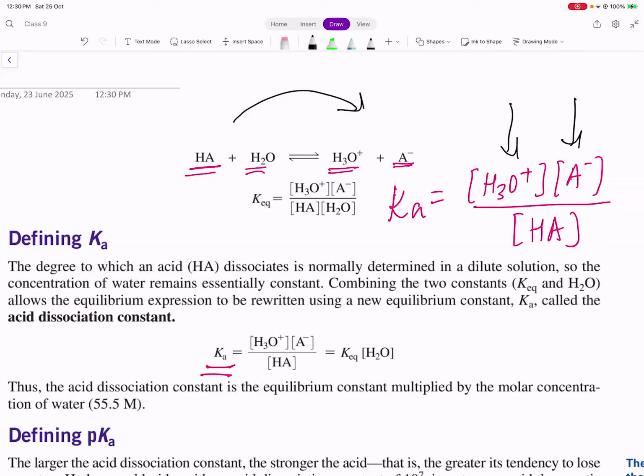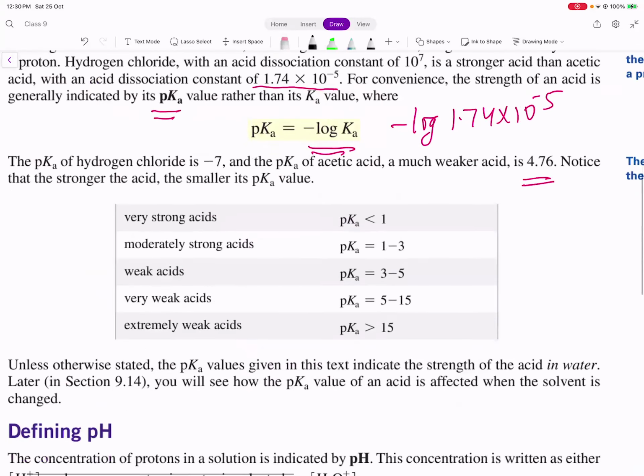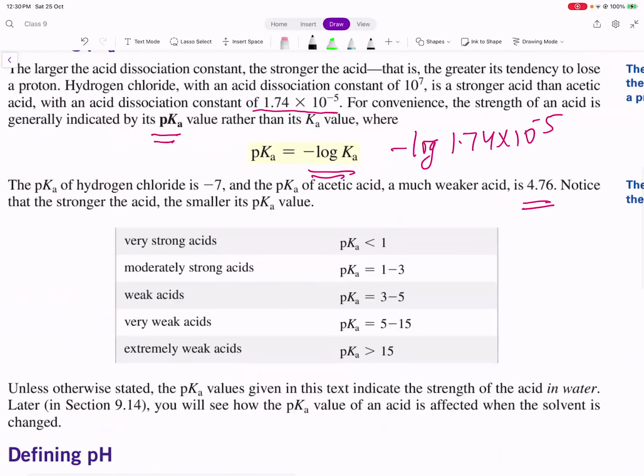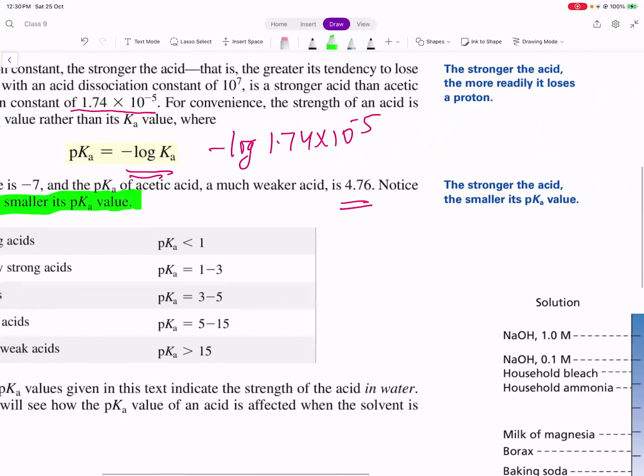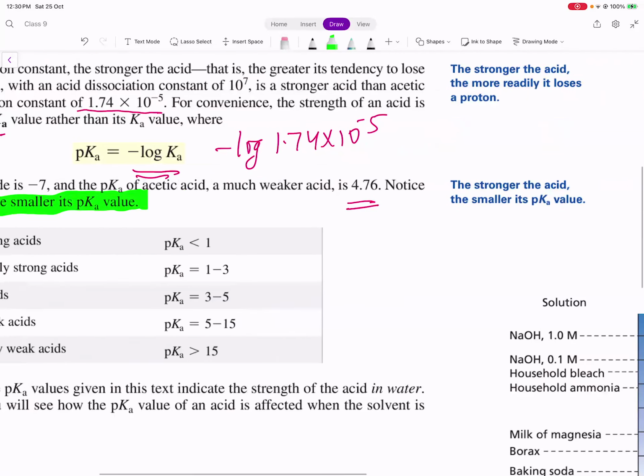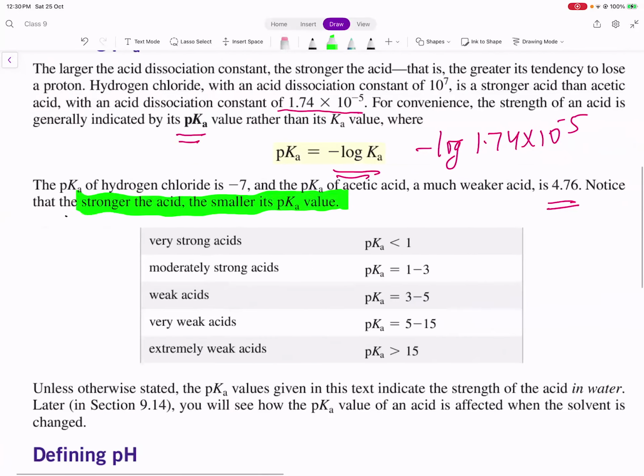If Ka is large, log Ka is large, but negative log Ka is small. So for very strong acids, Ka is large, log Ka is large, but negative log Ka, because we have multiplied by minus, pKa is small. So in general, the stronger the acid, the smaller its pKa value. Clear, both of you? Yes, sir. Yes, sir.